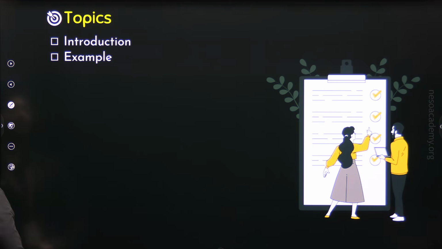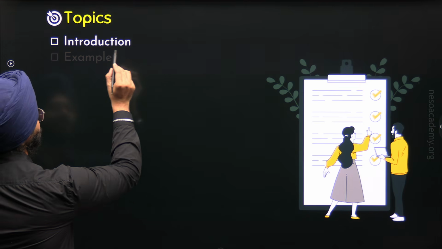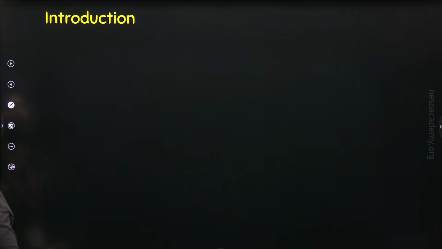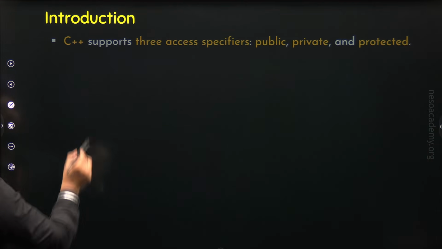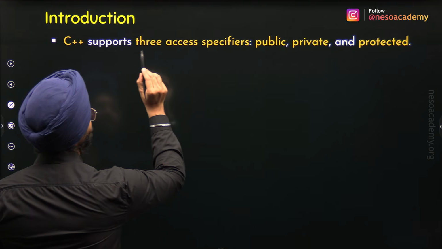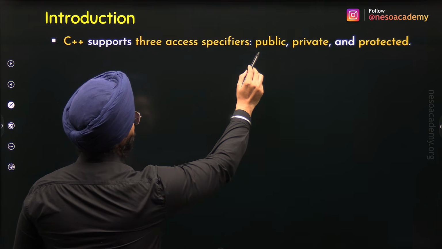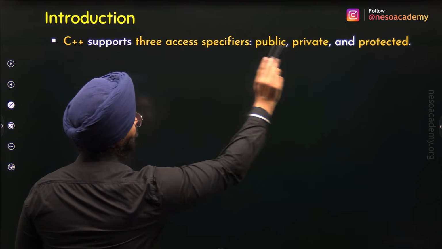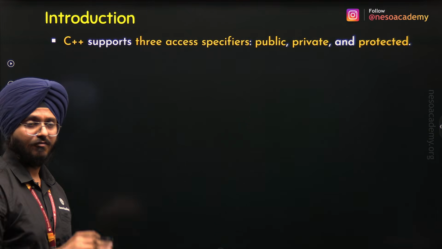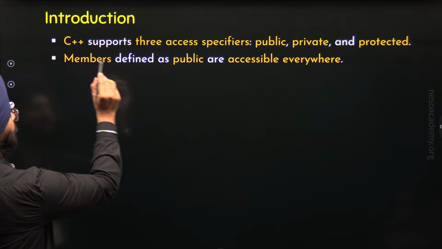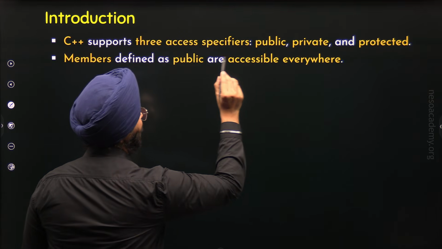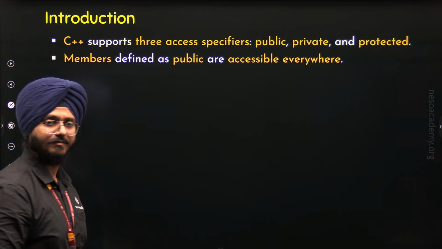Let's start with the first one, Introduction to Protected Access Specifier. We already know that C++ supports three access specifiers in total: public, private, and protected. We also know that members defined as public are accessible everywhere.